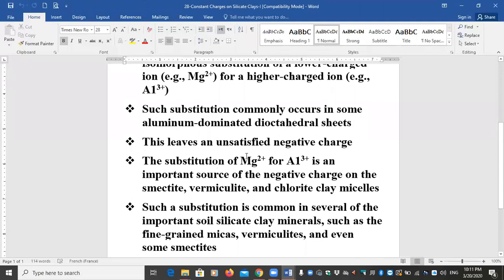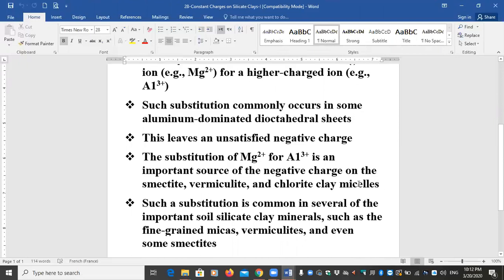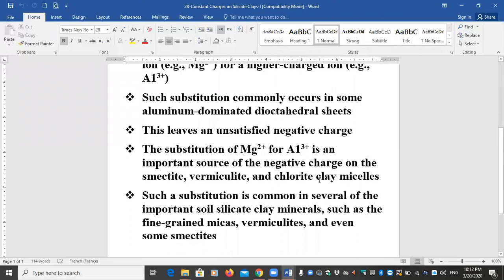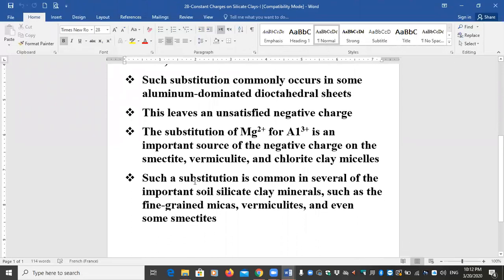The substitution of magnesium for aluminum is an important source of the negative charge on the smectite, vermiculite, and chlorite clay micelles. Micelles are particles or crystals, they all mean the same thing. Such a substitution is common in several of the important soil silicate clay minerals, such as the fine-grained micas, vermiculite, and even some smectites.